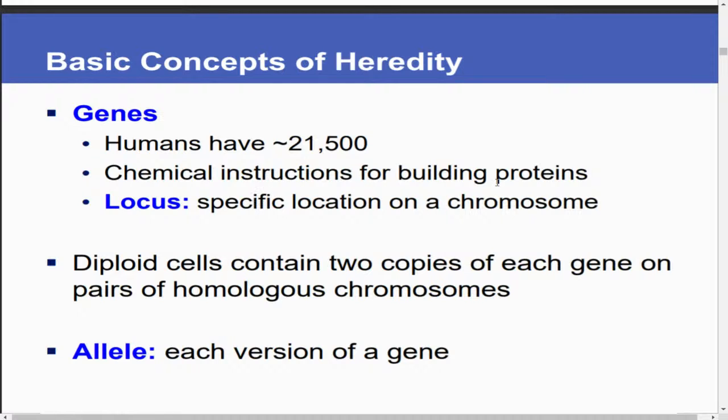This is the location on a chromosome called the locus, but mostly genes possess the chemical instruction for building a protein. And the human has 21,500, a very important number, 21,500 genes.